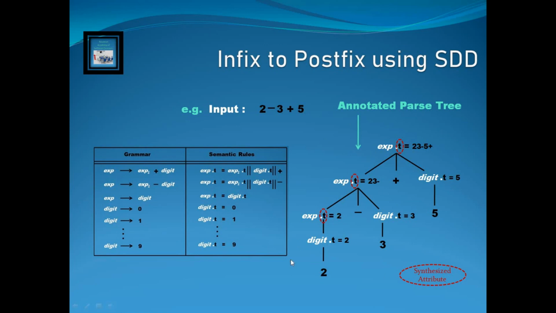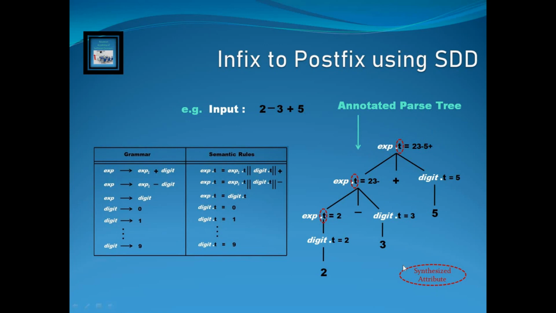This is not a simple parse tree, because in a simple parse tree the attributes and their values are not shown, whereas in an annotated parse tree the attributes of grammar symbols are also shown along with their values, and the value of the root node is our required output.